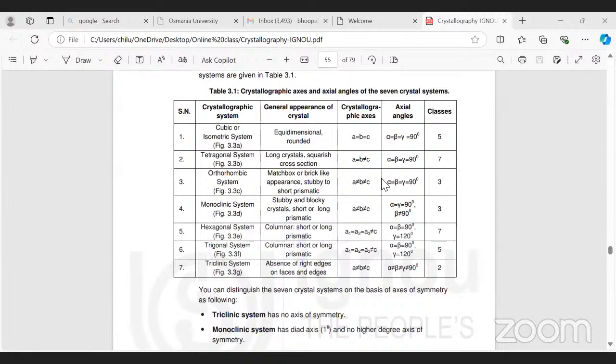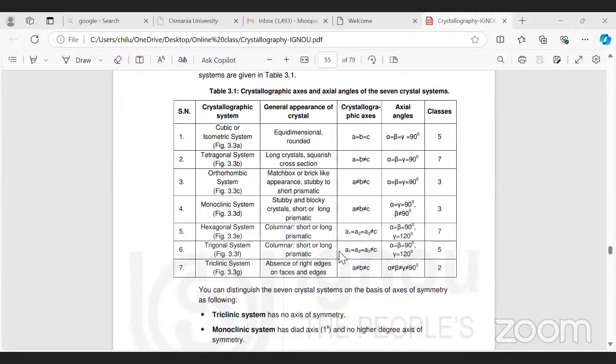Here are the crystallographic axes and axial angles of the seven crystal systems. In the seven crystal systems, you can check how many classes are there: 5 plus 7 plus 3 plus 3 plus 7 plus 5 plus 2, totally 32 classes.